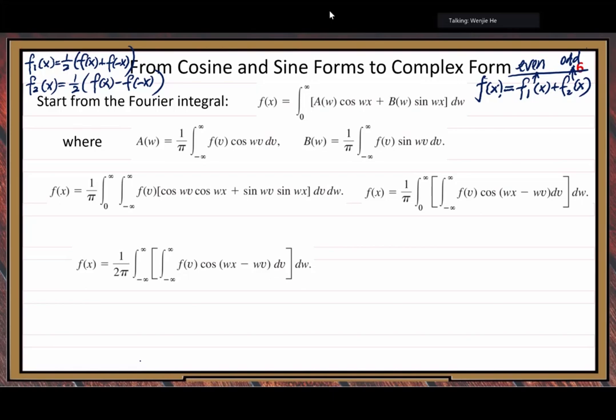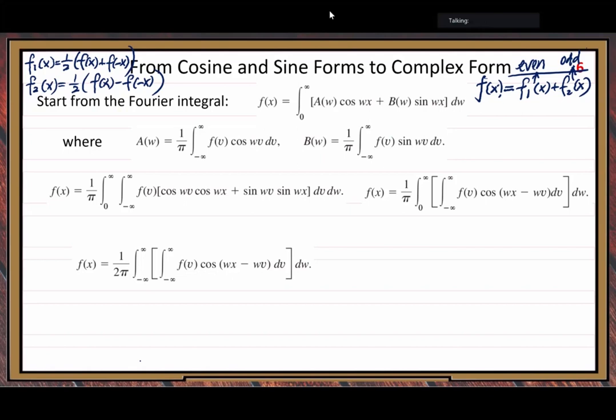Only for an even function, when we extend from the half axis to the full axis, because an even function is symmetric, you double the integral value. But how do you see the function is an even function? The function here is an even function.